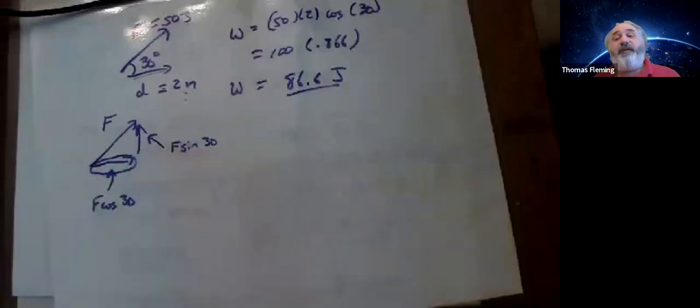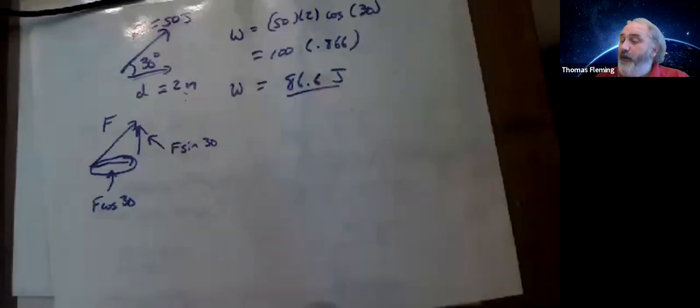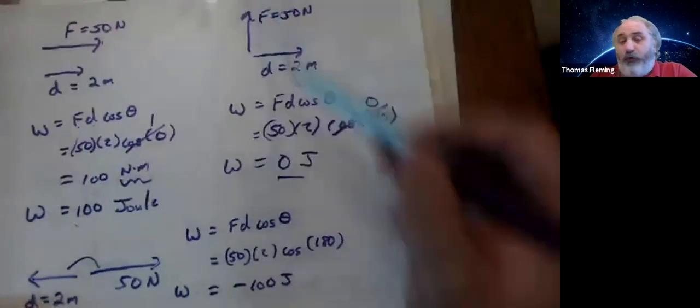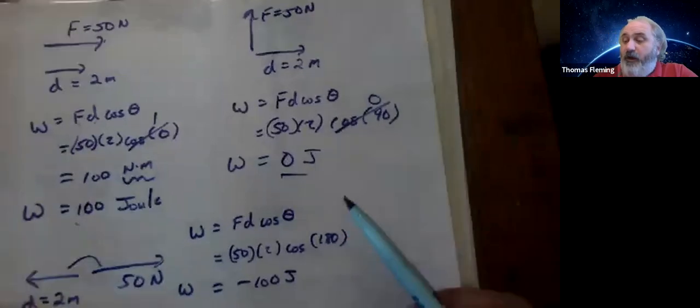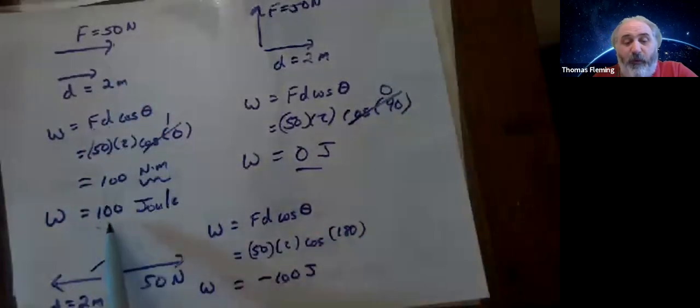So conceptually, that's what's happening: when you do a dot product, we're multiplying the part of the force that's in the same direction as D by D, and we're ignoring any part of the force that's perpendicular to D. And that's why when we had this example, when all of the force was perpendicular to D, we literally got 0. When all of the force was parallel to D, it was literally like straight up regular multiplication.